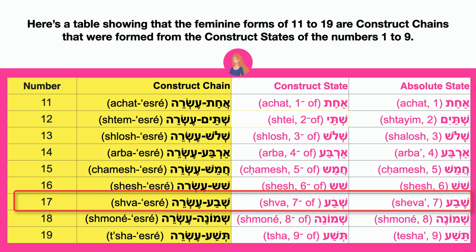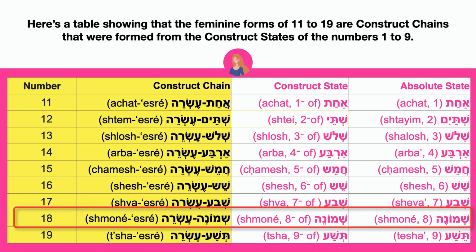In its construct state, it is pronounced shva. So we say shva esre, a construct chain formed by the construct state of 7 plus esre. That's shva esre, 17.